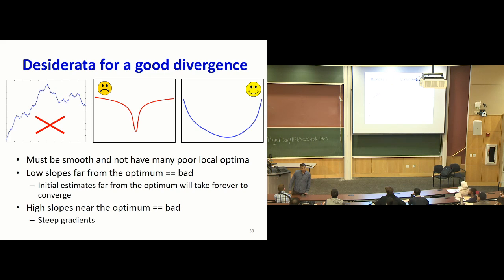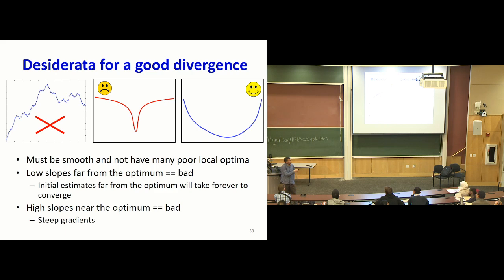It's a horrible divergence function. And why would that be? Because the slopes far away from the minimum are very low, and typically when we walk, what happens? We walk slowly where the slope is flat because we are expecting to encounter a minimum, and you walk fast when the slope is steep. So this guy is going to take forever to come here and then just get lost, right?